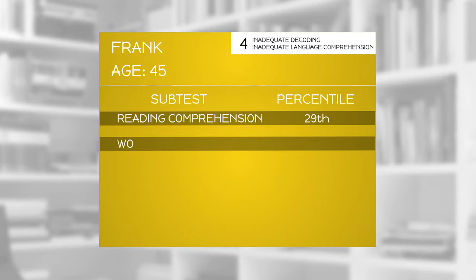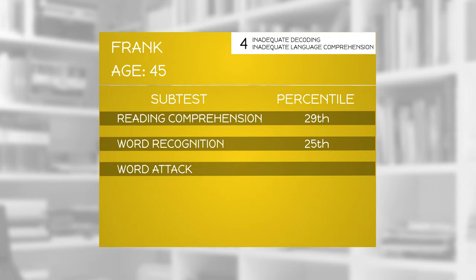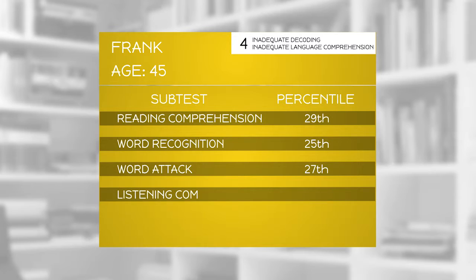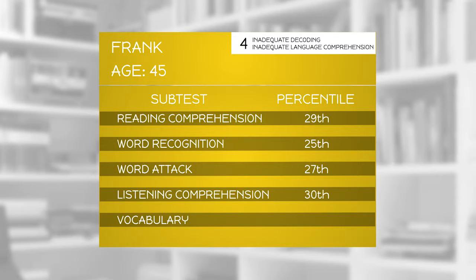He dropped out of school at age 16. Frank's profile falls in quadrant 4 because his decoding and language comprehension scores are inadequate. His primary instructional needs are decoding and language comprehension. He will always struggle with reading, but this instruction may improve his job opportunities and quality of life.